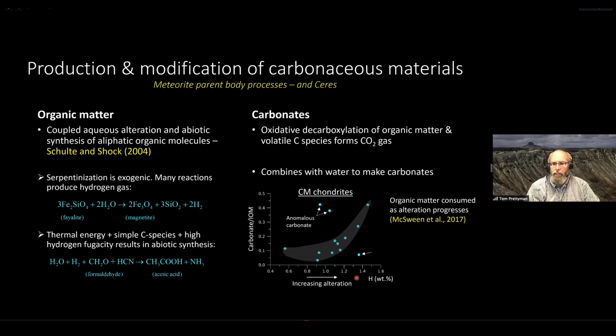This is a study with results presented by McSween et al. in 2017. In addition, carbonate composition changes with alteration. The point of this is that the meteorites and Ceres really should provide a test bed to understand the different conditions under which organic matter and carbonates can form.